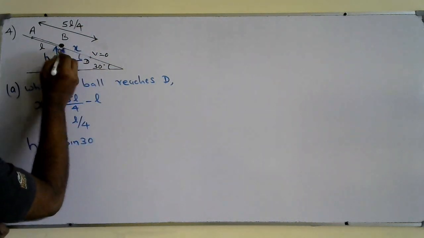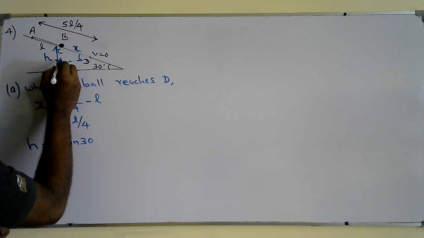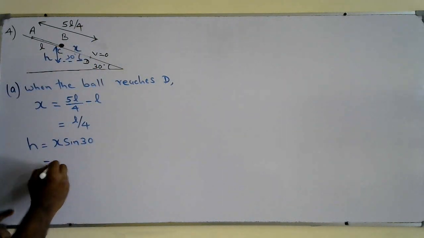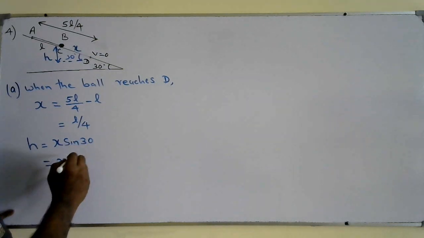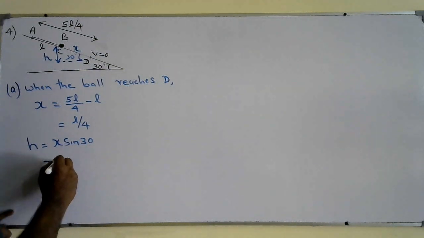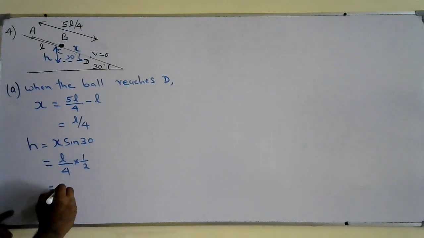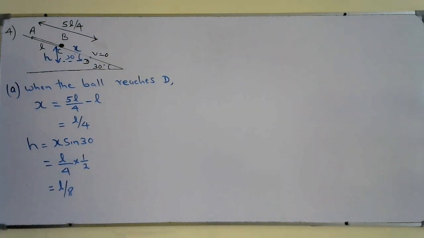This is X, the extension, and this is the height I need to find: h equals X sin 30. X is equal to L by 4, and sin 30 is half, so it's going to be L by 8. That is the h.